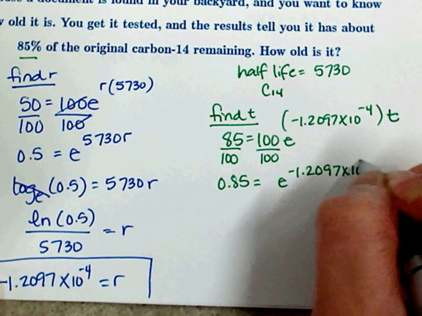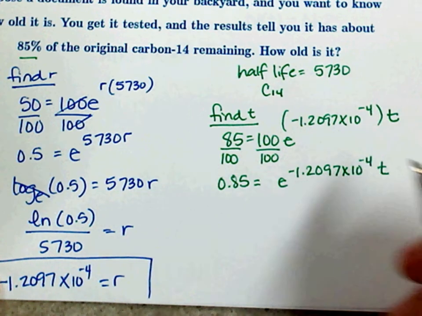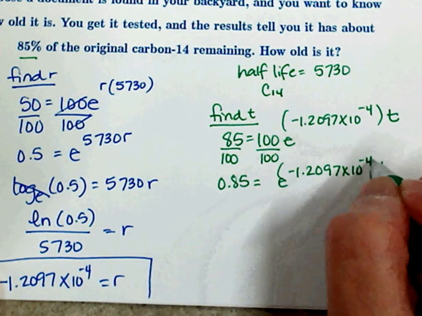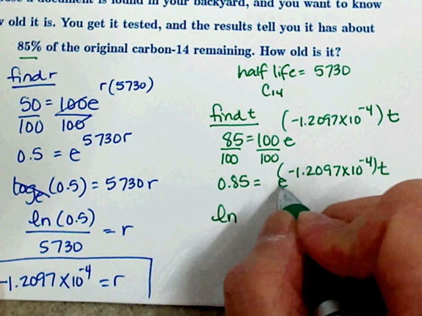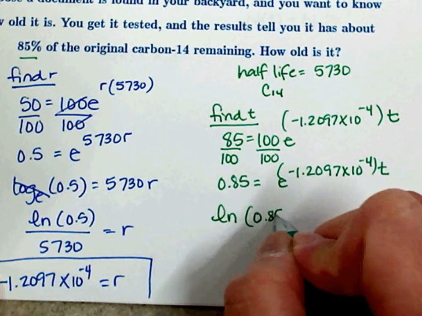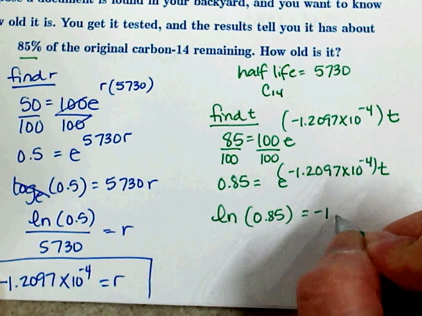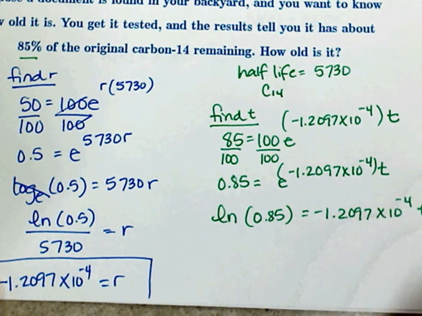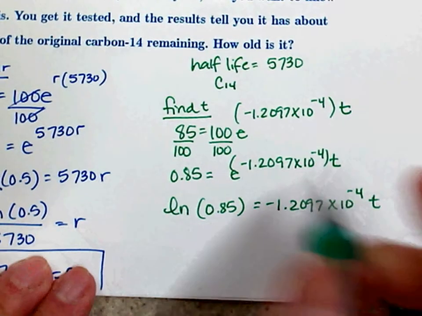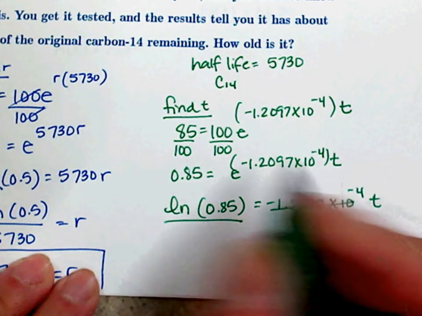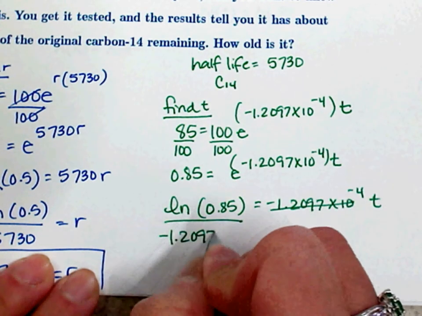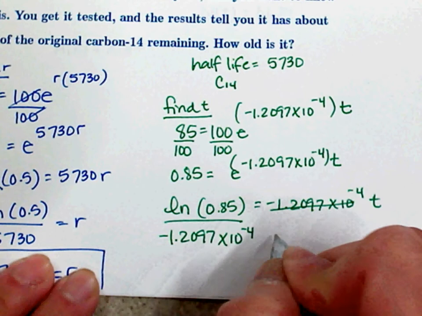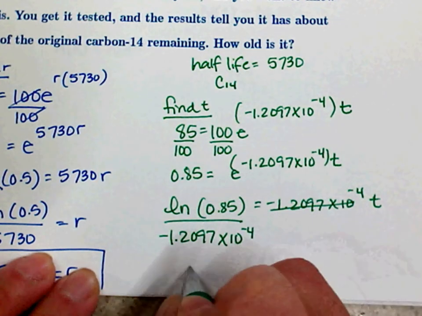Rewrite: natural log base e of 0.85 equals negative 1.2097 times 10 to the negative 4 t. Divide both sides by that number, and you're going to get t. What you do to one side, you do to the other.